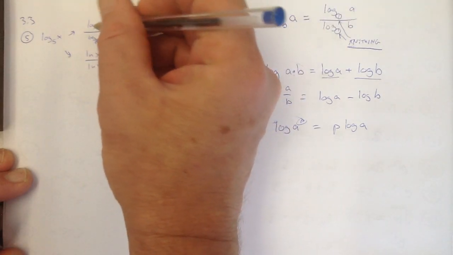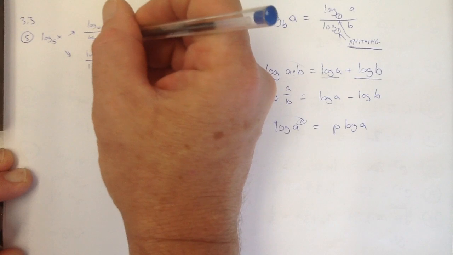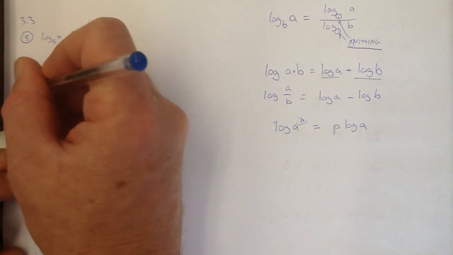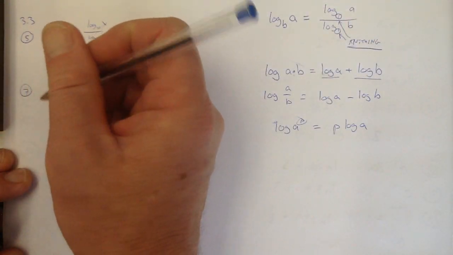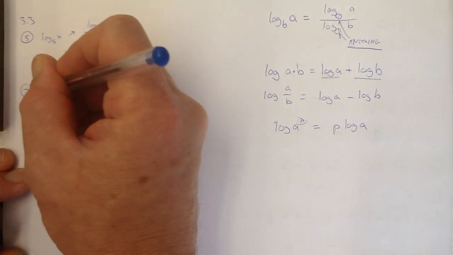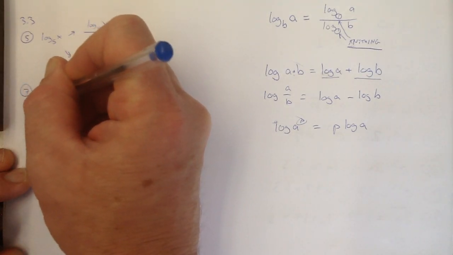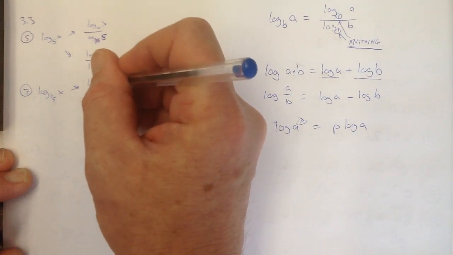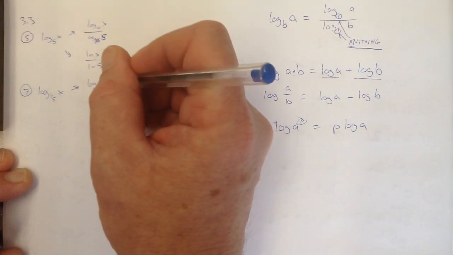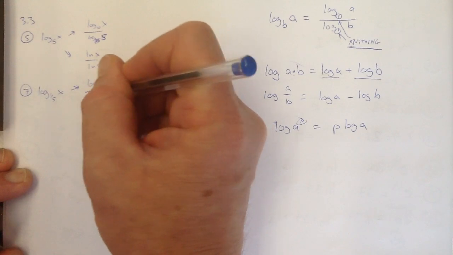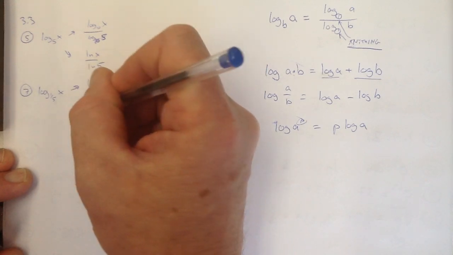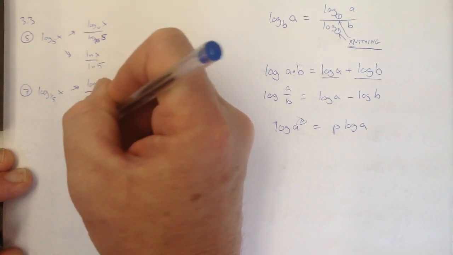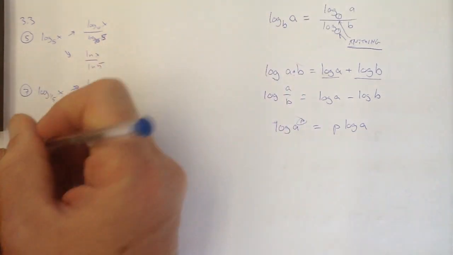I'm going to stop writing log base 10 now, because when I just write log with no number there, that means log base 10. That's universal. So log base 1/5 of x turns into log of x over log of 1/5, or natural log of x over natural log 1/5.